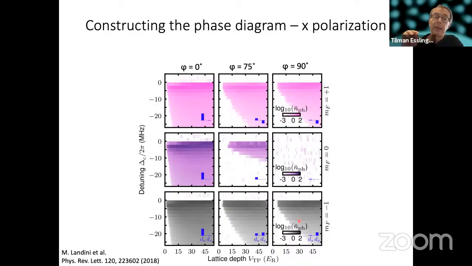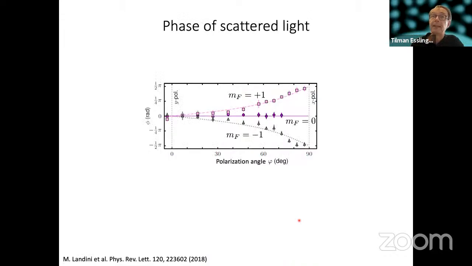And they will self-organize with different phases of the scattered light. These time phases of the scattered light, which one can measure in the output of the cavity, are shown here. You have a 90-degree phase shift at 90-degree polarization.